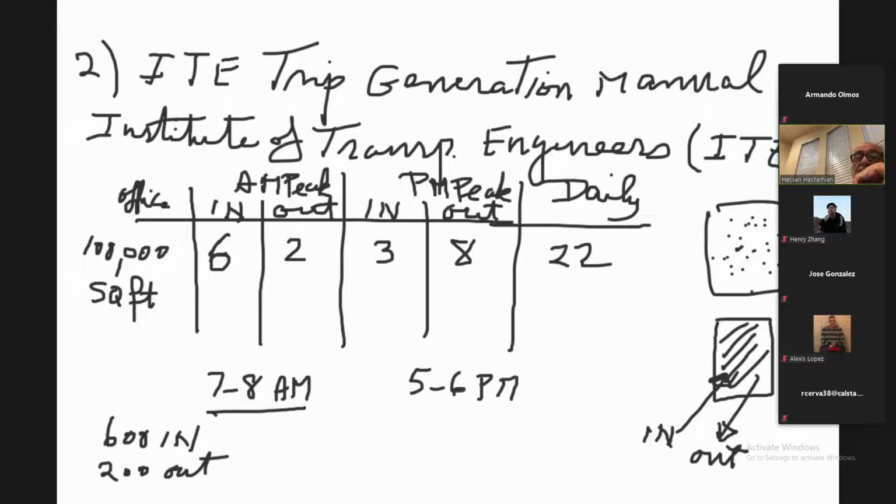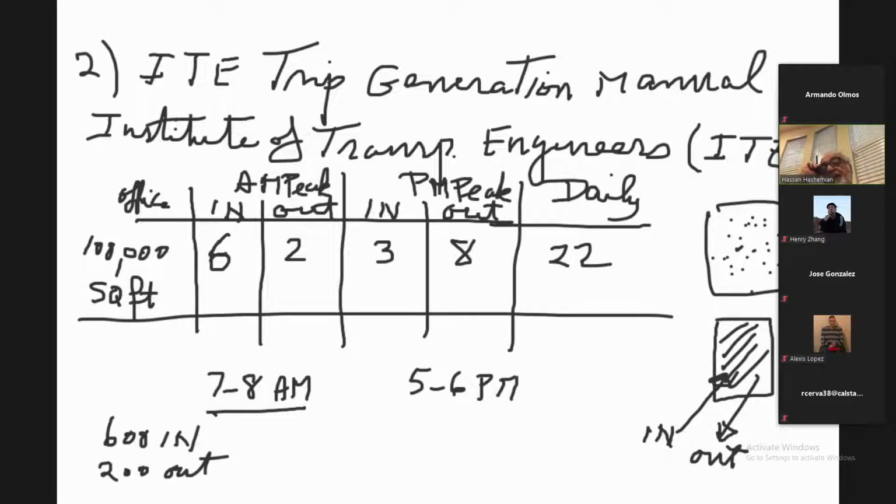So this is a table that you read from the ITE Trip Generation Manual. And this is only for office building. But this manual is hundreds of pages, so anything that you can think of is there. For instance, you can open up a page, they say restaurant.